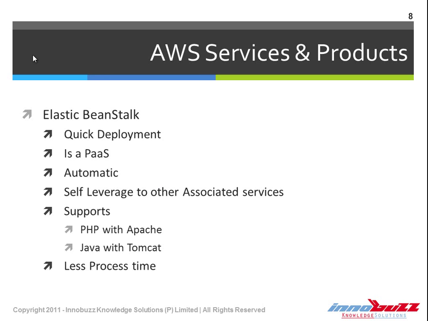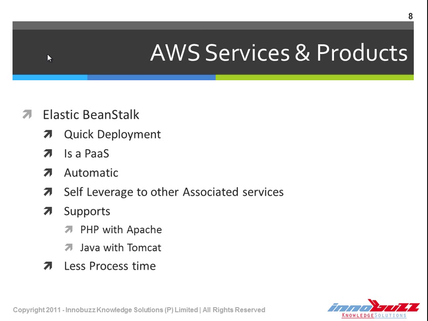Like CloudFormation, Elastic Beanstalk also allocates services like EC2, S3, RDS. All those required resources will be automatically leveraged based on the requirement. And as of now, AWS Elastic Beanstalk supports PHP with Apache on a Linux box, and at the same time, Java with Tomcat on a Linux box.